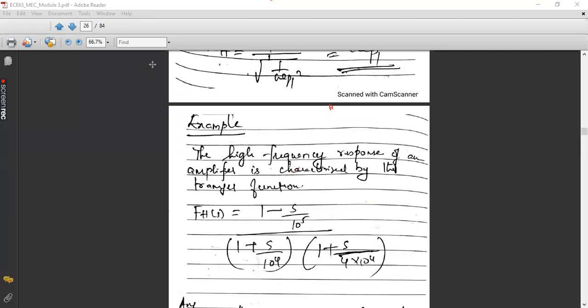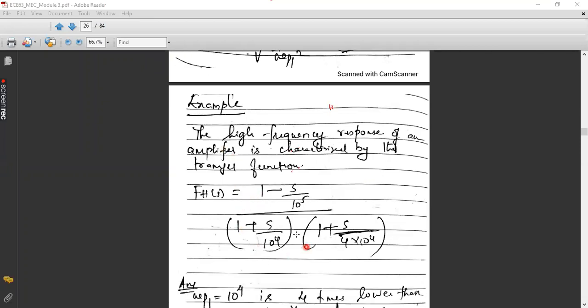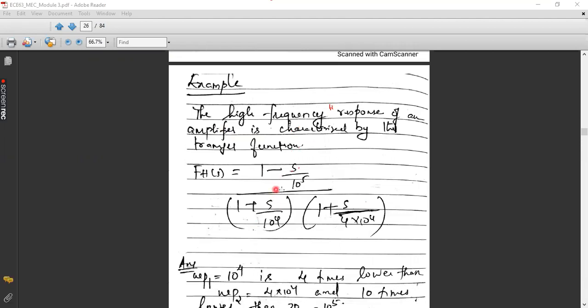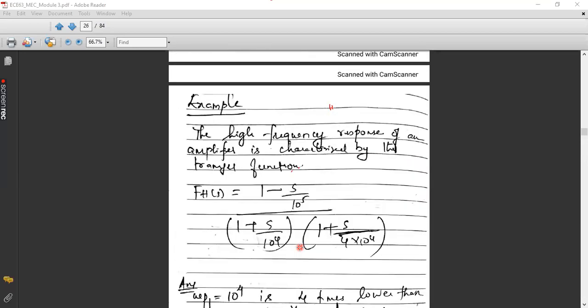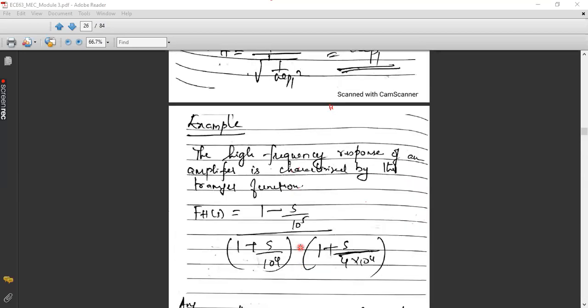So the transfer function is given to you. That is the high frequency gain function H of s is given to you. The equation is 1 minus s by 10 to the power 5 divided by 1 plus s by 10 to the power 4 into 1 plus s by 4 into 10 to the power 4. So this is your given equation. You have to find the cutoff frequency. Write the question, one statement: find the cutoff frequency omega h.